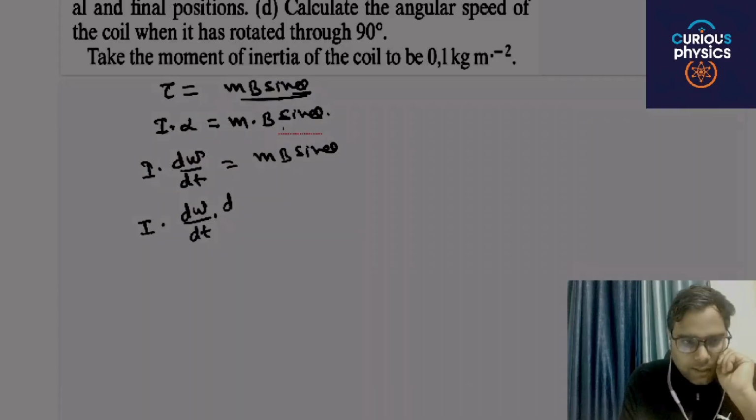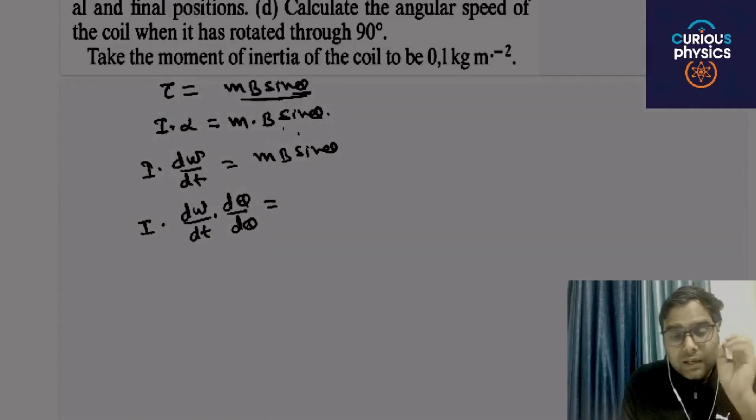You can multiply it by d theta and divide by d theta, because on the right-hand side the variable is theta: MB sin theta.